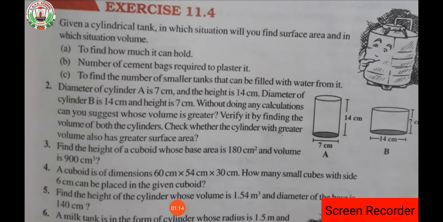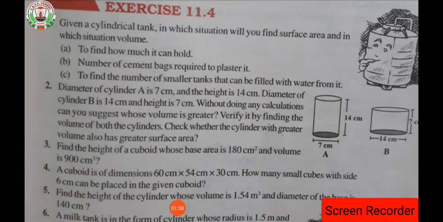One thing you have to remember: if any kind of liquid is to be filled in any tank, there you always have to find the volume. And when any kind of work is to be done on the surface, that means we have to find the surface area.